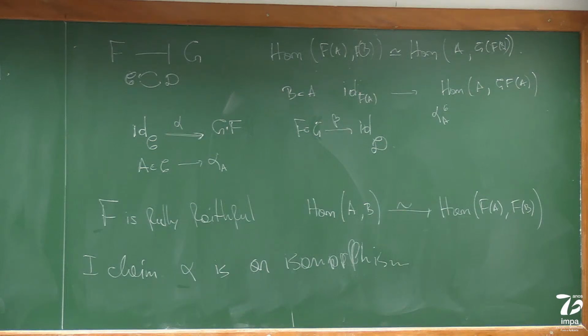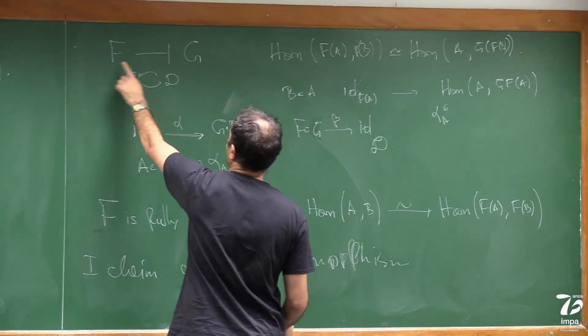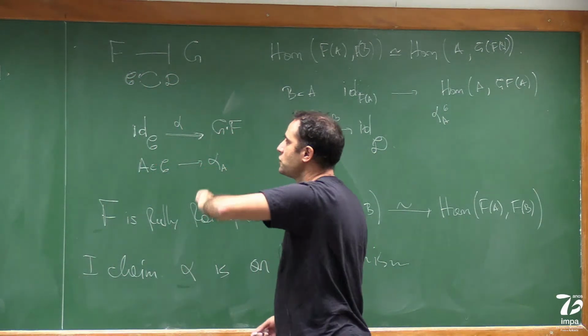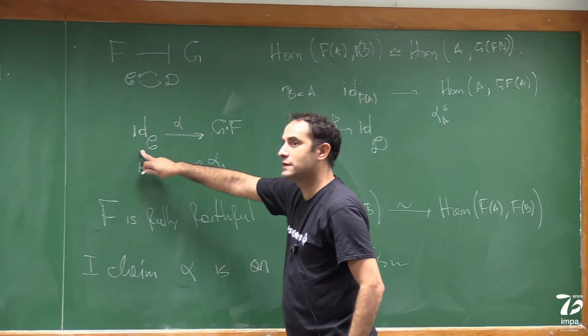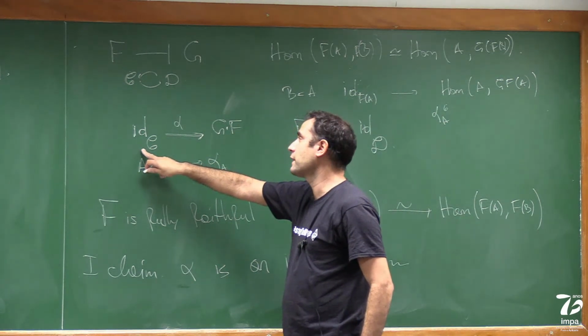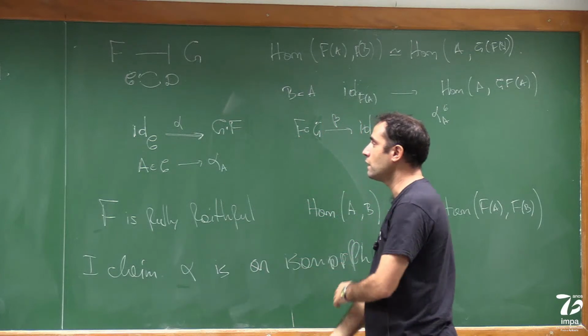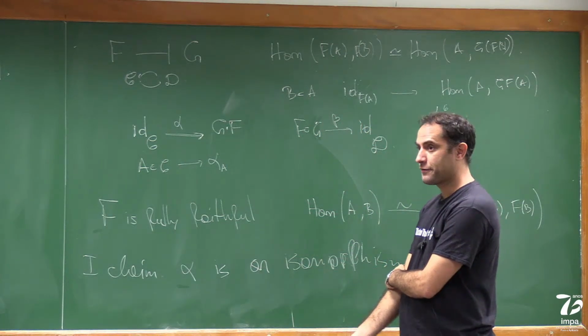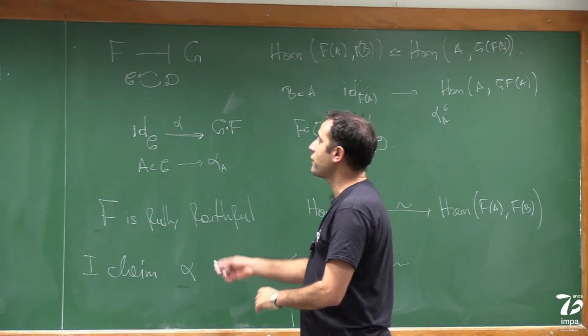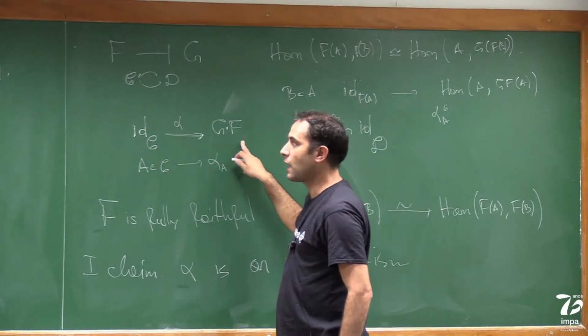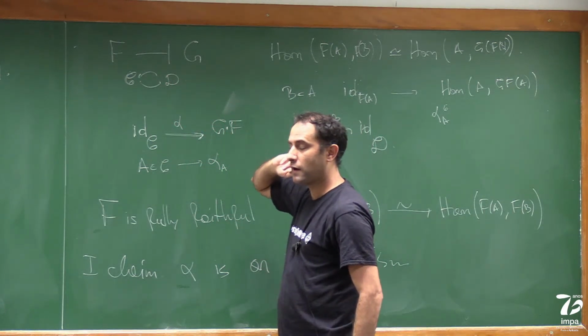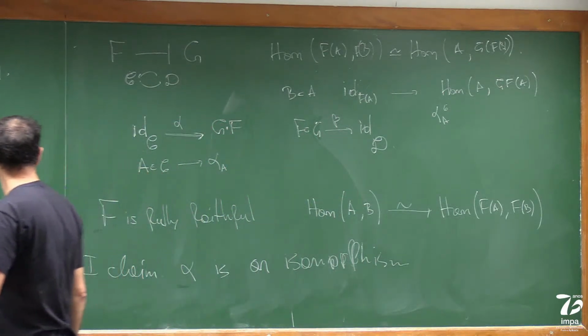Okay, so I've told you how to go from an adjunction. So if F is left adjoint to G, I told you how to get this natural transformation from the identity functor of C to this composition G with F. So how about the other way around? If I give you this guy, how do I prove that F is left adjoint to G?